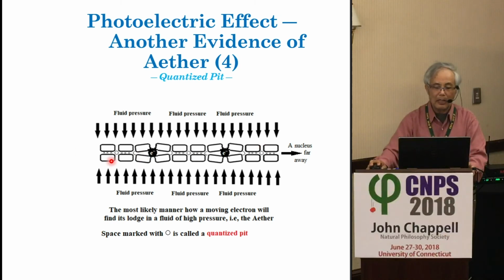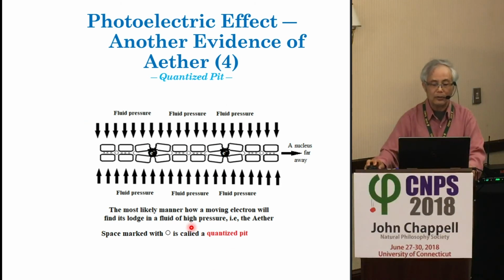In this setup, the electron can only stay at those places where a circle is found, but cannot stay where the cross is found because of the formidable pressure from all over. Okay? Staying here is unstable. Staying here is more stable.